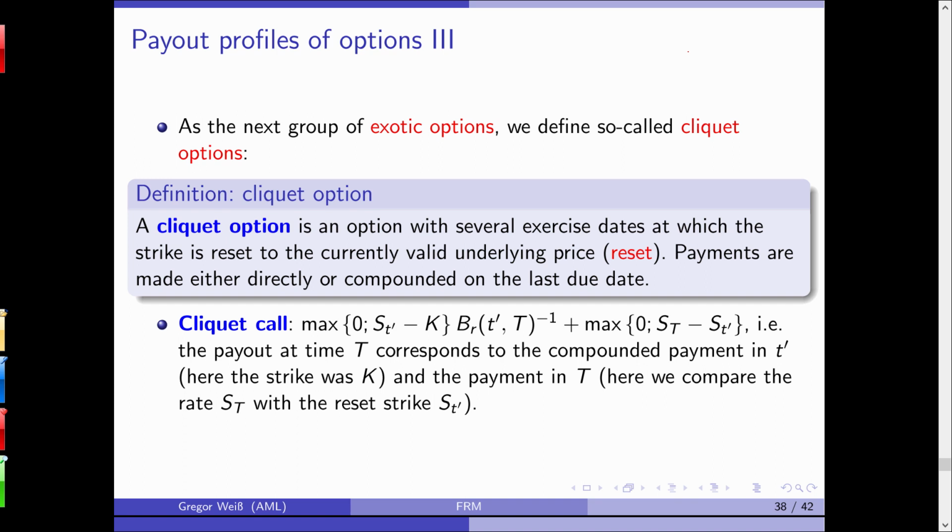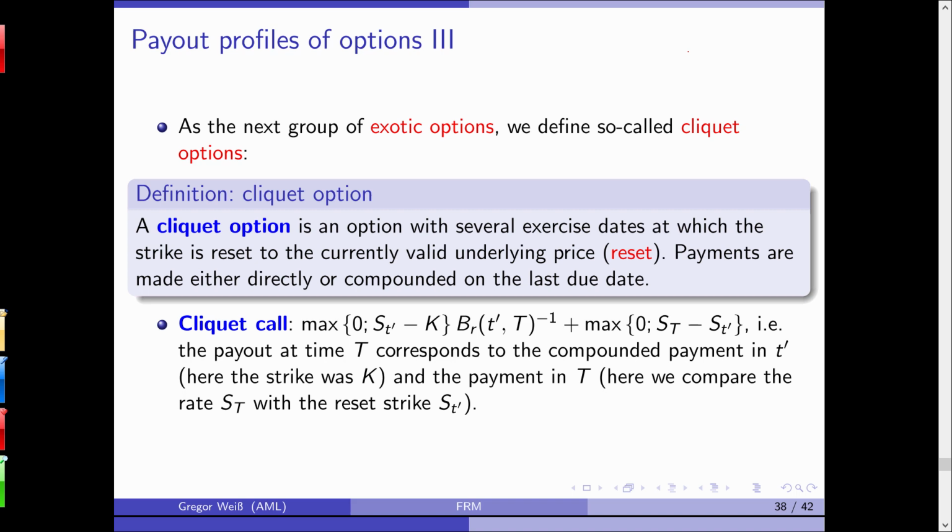And this is just a click-it call in which we have one reset timing, and at this point of time, the strike is reset to the current underlying price. This is why we have a strike K in the first term and a strike ST dash in the second.